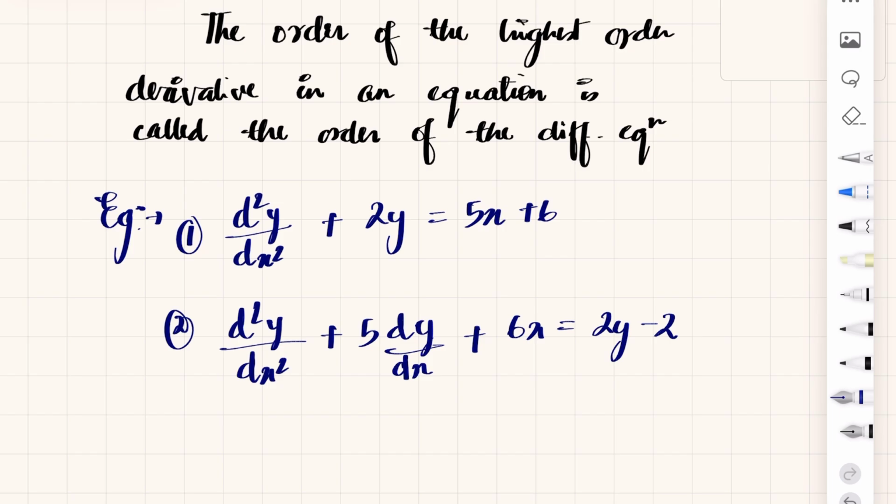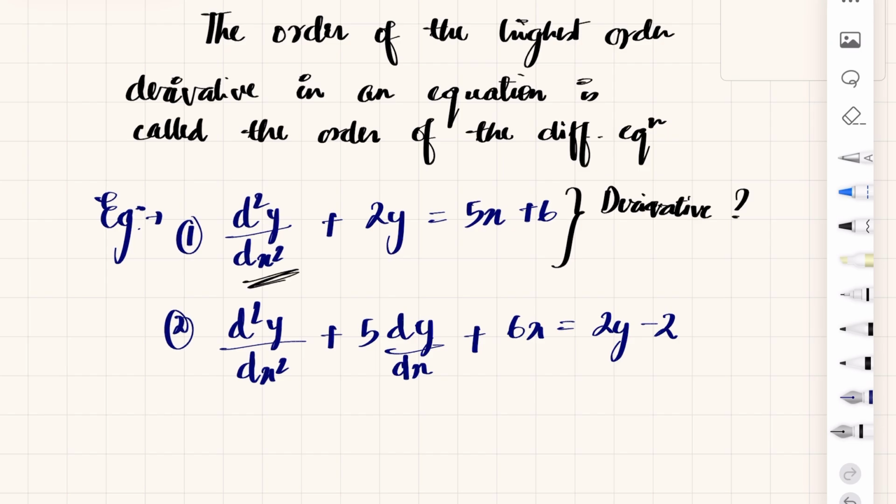So when we are looking at this particular topic, in the first example, what is the order? Let's start looking from the first. How many derivatives are there in this equation?